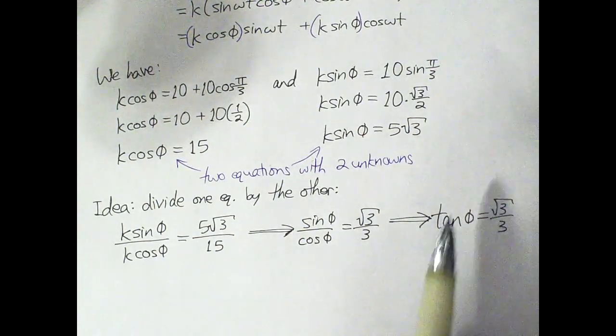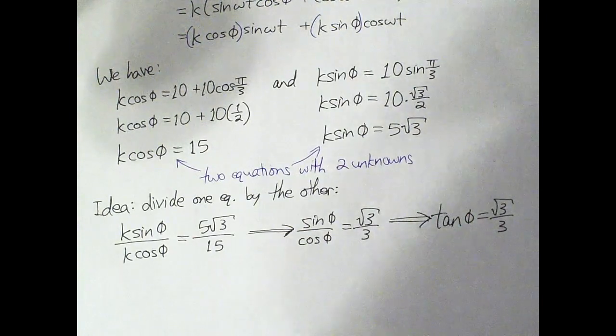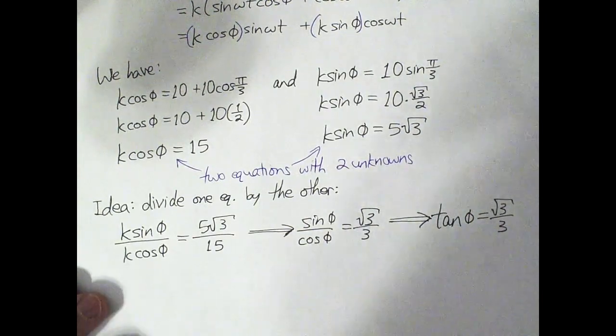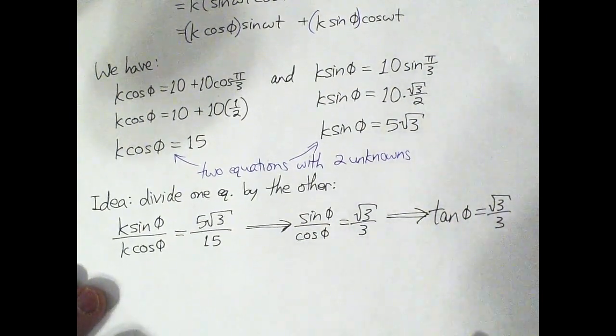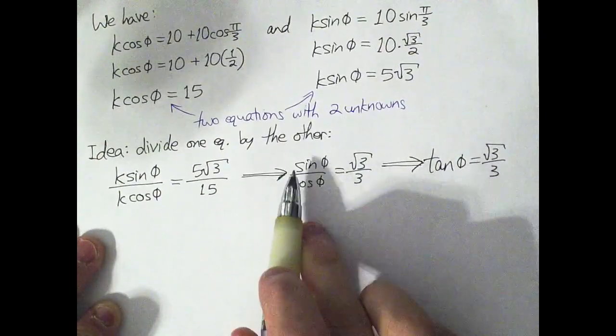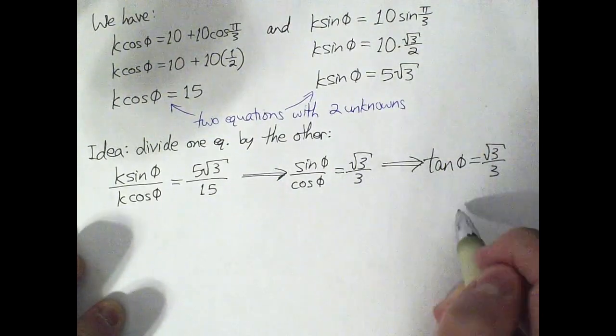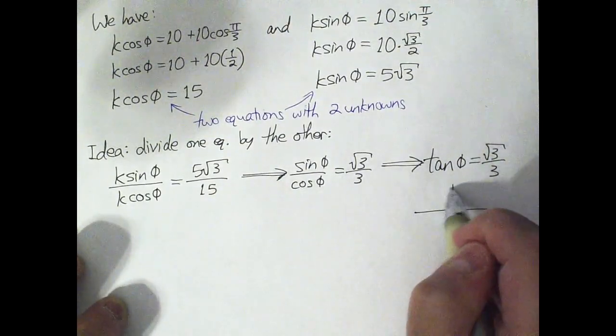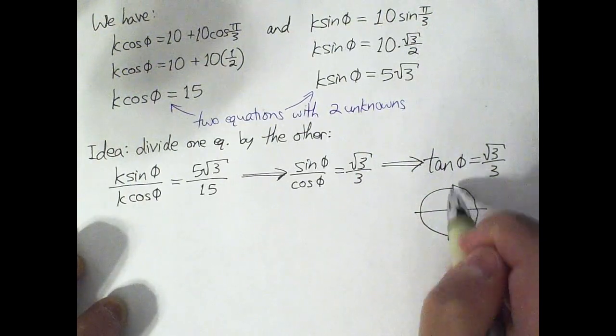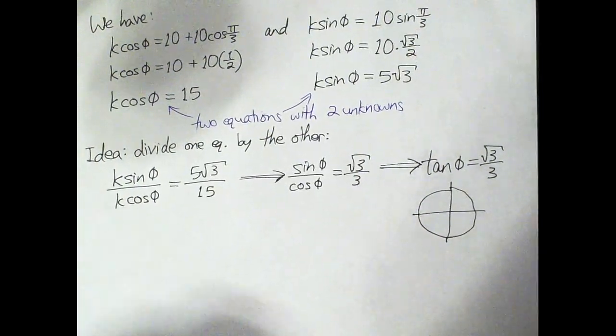We've got this down to one equation with one unknown. Tangent of phi equals this number. So now we could try common angles that we know that involve the square root of 3. We want sine of something over cosine of something to equal this number. You could draw the unit circle and think about where the square root of 3 happens. It's usually in the square root of 3 over 2.